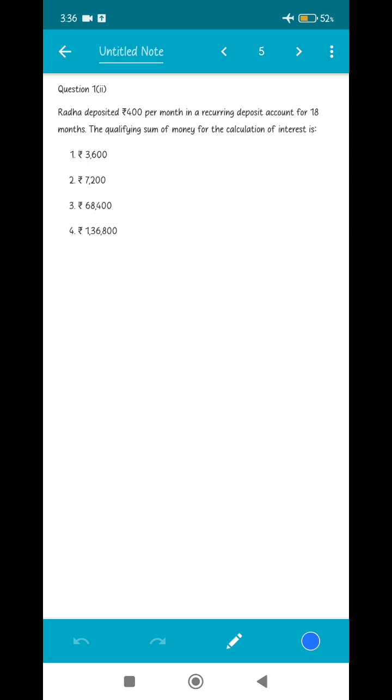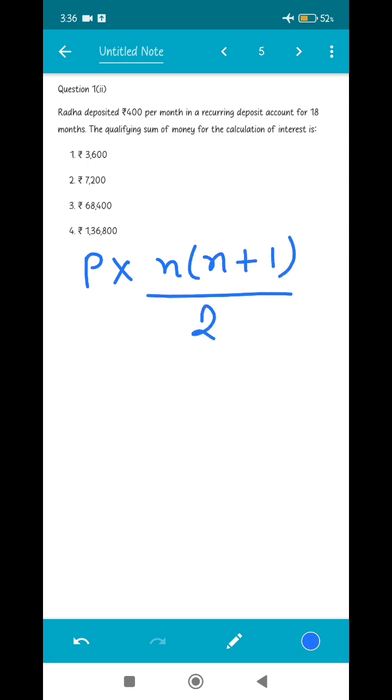As you know, the formula for the qualifying sum, or the final amount which the person has invested excluding the interest, we are going to add the interest to this later on, but how much has the person saved by himself or herself? The formula is P into n into n plus 1 divided by 2, where P is the value which the person has deposited each month, n is the number of months, and n plus 1 is the number of months plus 1, like you can see in the formula itself.